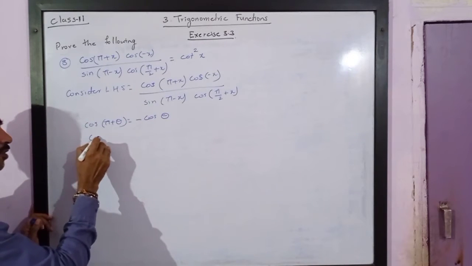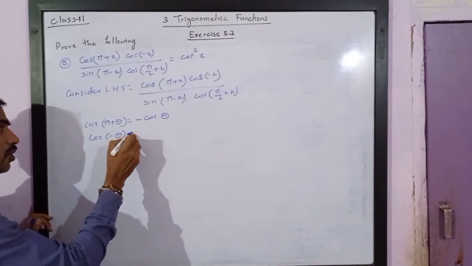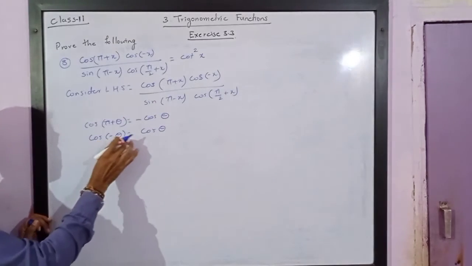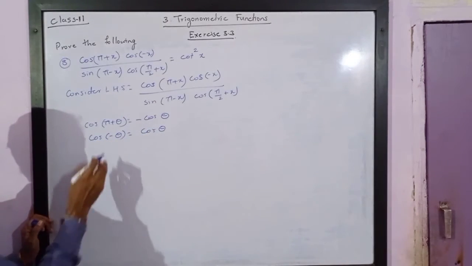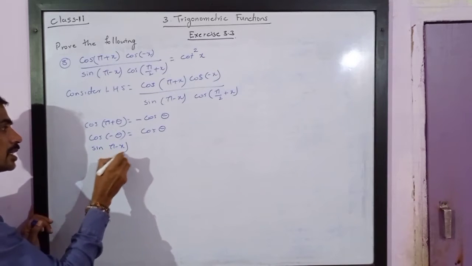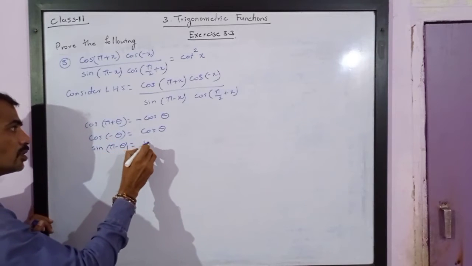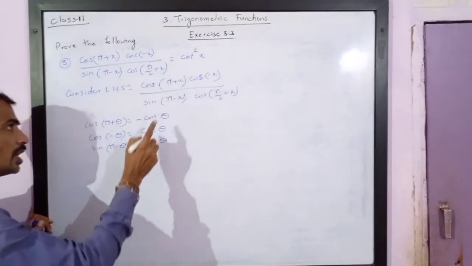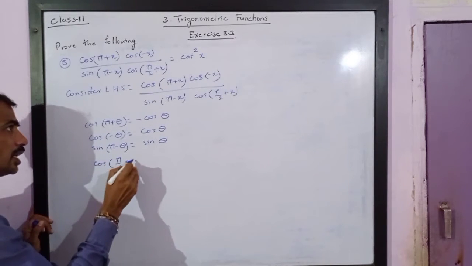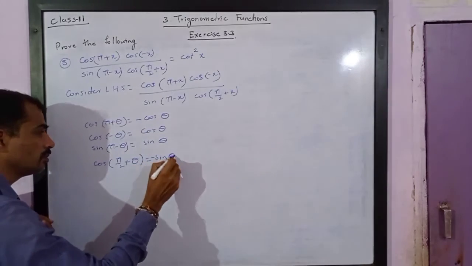Then cos of minus theta, that is minus x, is equal to cos of theta itself. Even if the angle changes sign, it remains the same. Then sin of pi minus theta is equal to sin of theta itself. And cos of pi by 2 plus theta is minus sin of theta.